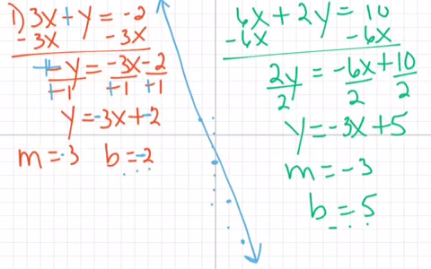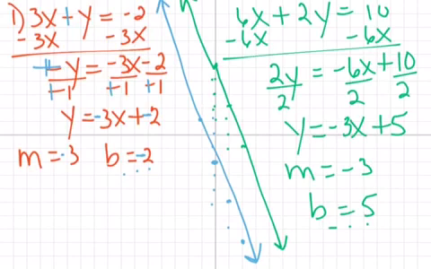So go up to 5. Then a slope of negative 3 means to go down 3, right 1. You should either label the lines with the equation or you can color code them with different colors.